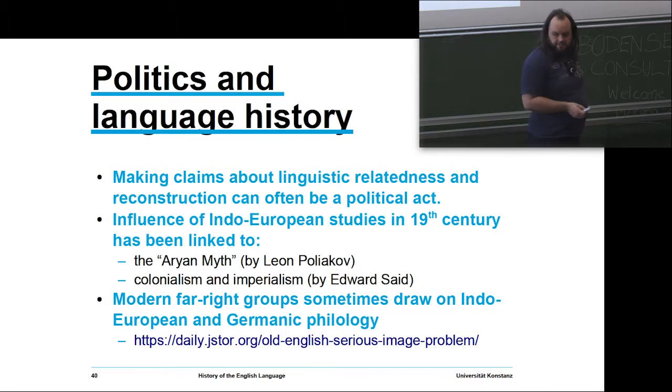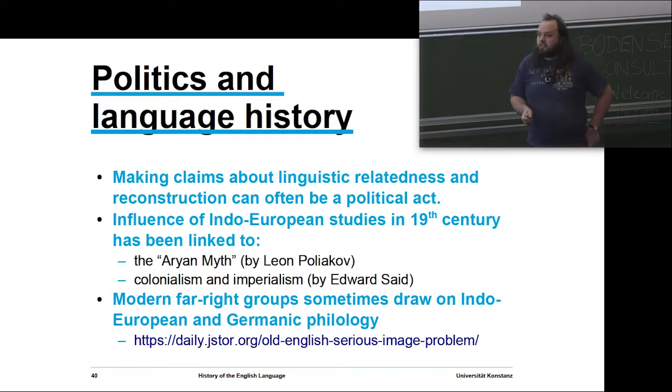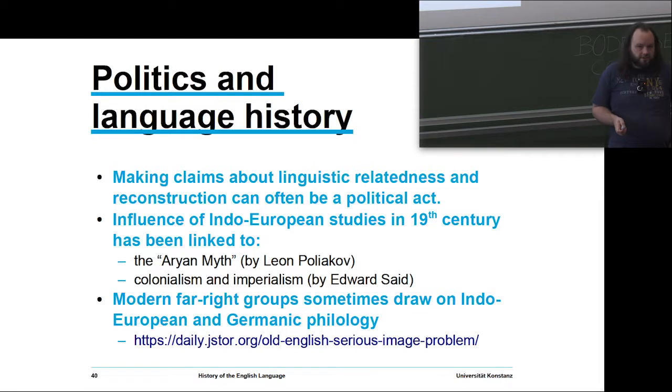So for instance, the rise of Indo-European studies in the 19th century has been linked fairly uncontroversially to certain ideas in philosophical romanticism, but it's also been linked to the Aryan myth, the myth of the Aryan race. And this is something that it's important to remember.